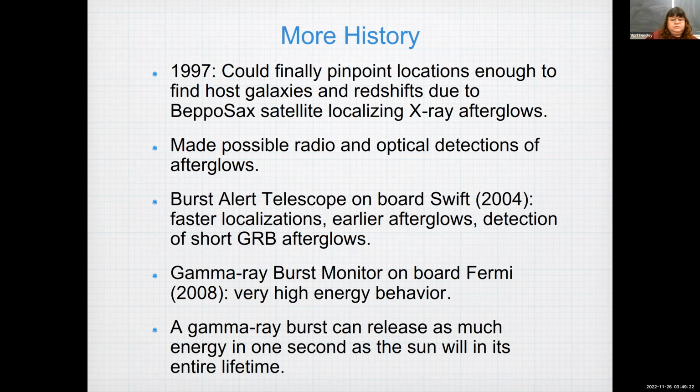The Burst Alert Telescope on board Swift basically allowed faster localizations and earlier afterglows. It could find the short gamma ray burst afterglows. I'll talk about what that means by short in a bit. There are two broad categories of gamma ray burst.